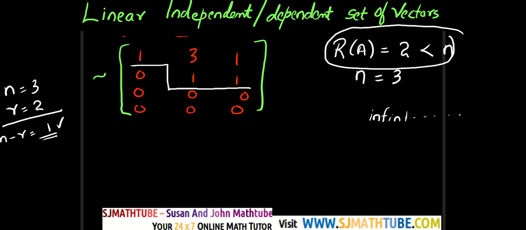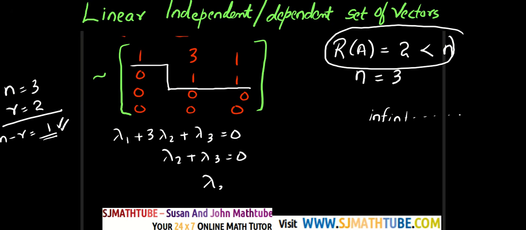That means one unknown can be given any value you like. So let's write the equations: lambda 1 plus 3 lambda 2 plus lambda 3 equal to 0, and lambda 2 plus lambda 3 equal to 0, and no more equations.